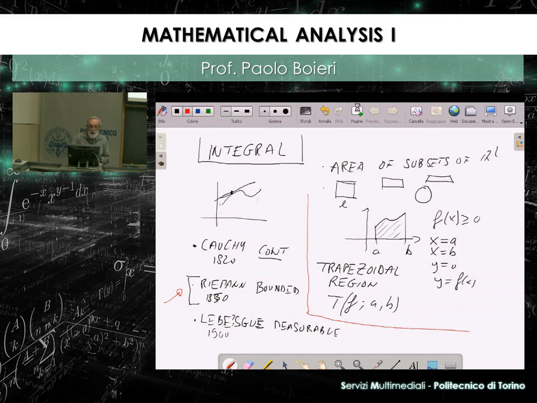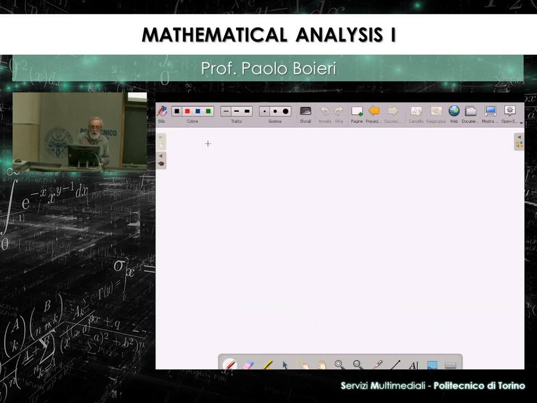If the function is negative, you have to take the region that is bounded by x equal a, x equal b, and now by the graph of the function below, and y equals 0 above.